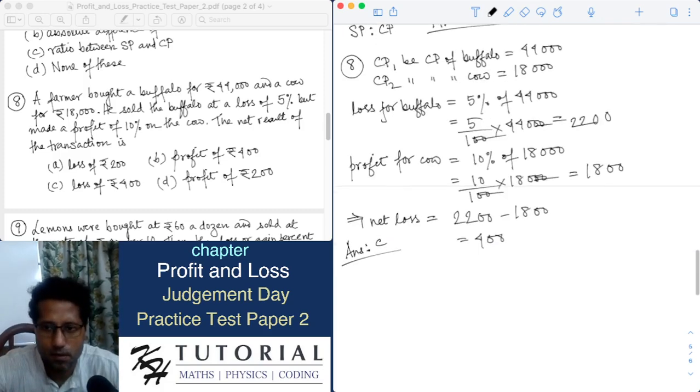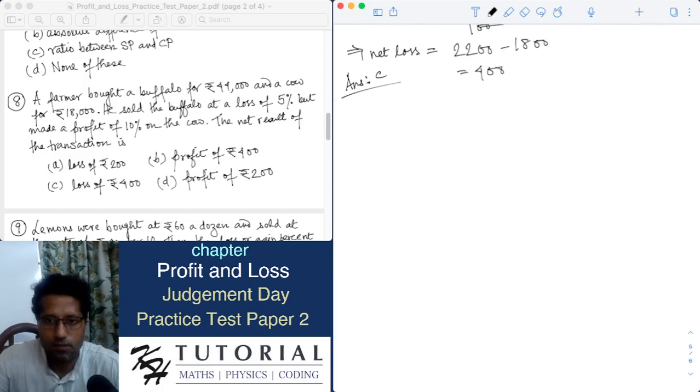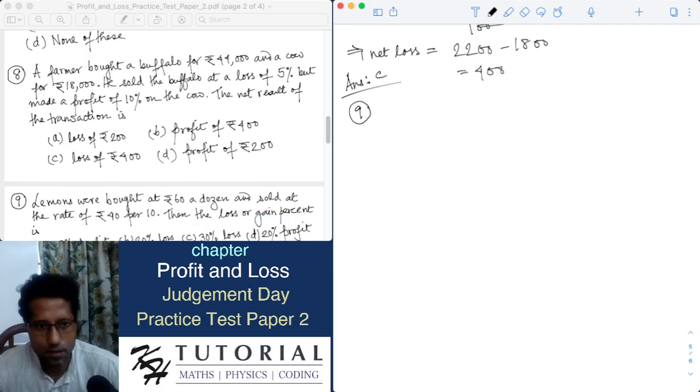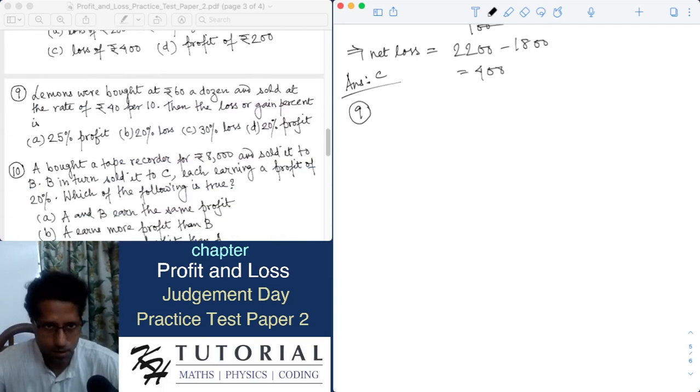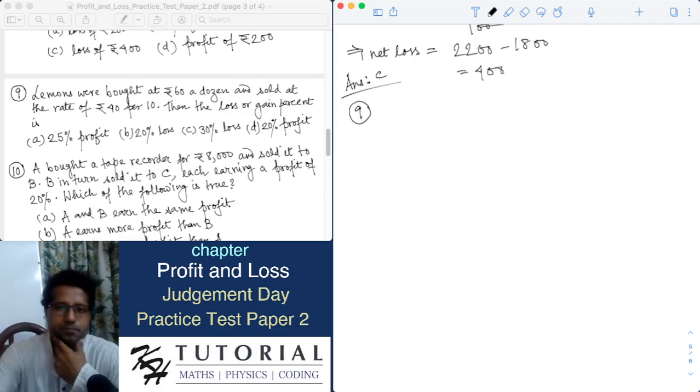Okay, let's solve question number 9. Lemons are bought at rupees 60 a dozen and sold at the rate of rupees 40 per 10. Then the loss or gain percent is?